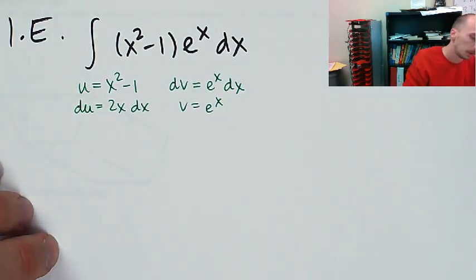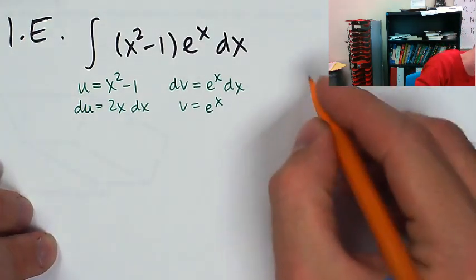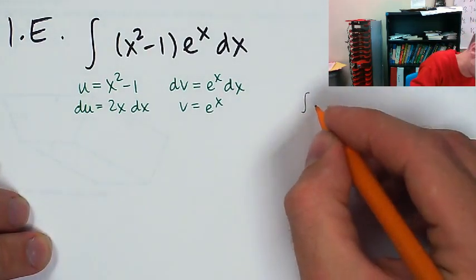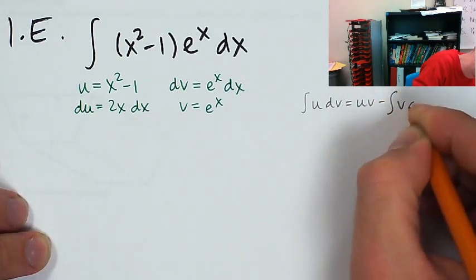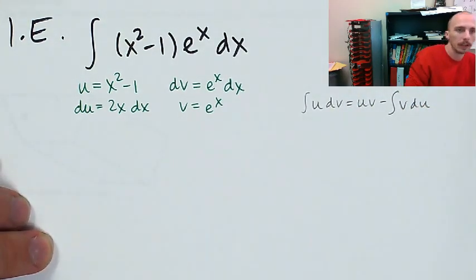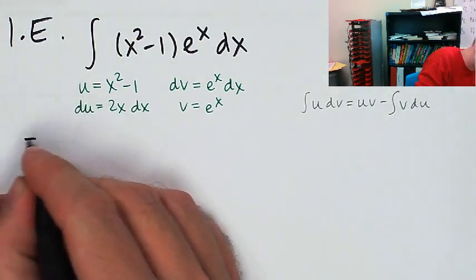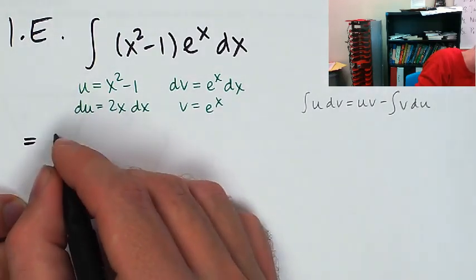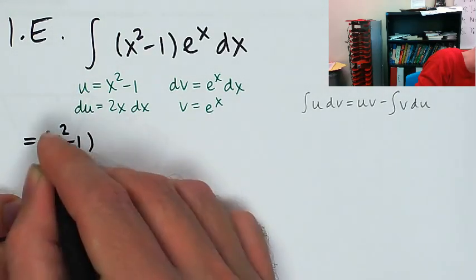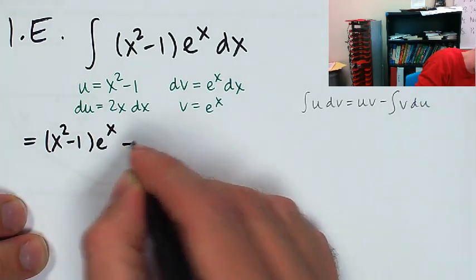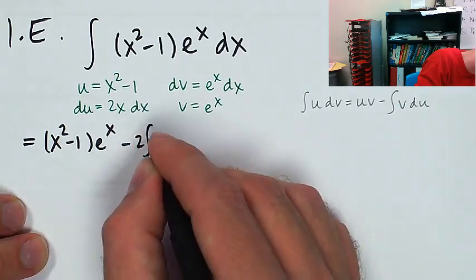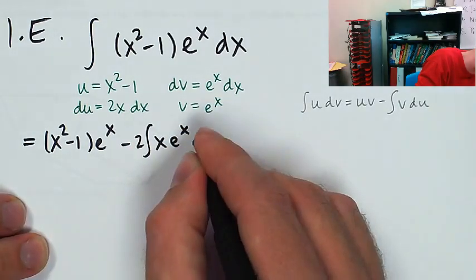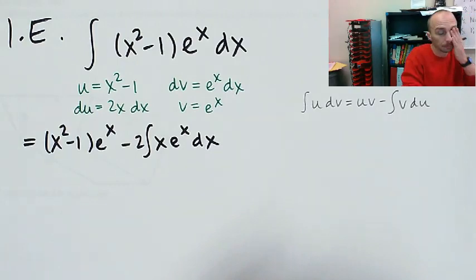And then, well, we know that the integral of u dv is equal to u times v minus the integral of v du. Okay, and I just kind of fill in on that formula. This is going to equal u times v minus the integral of v du. So that would be 2x e to the x dx.